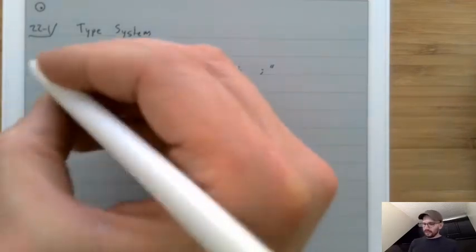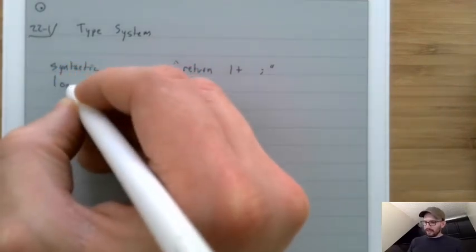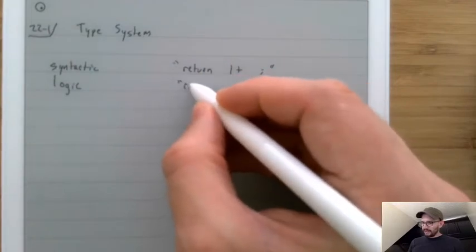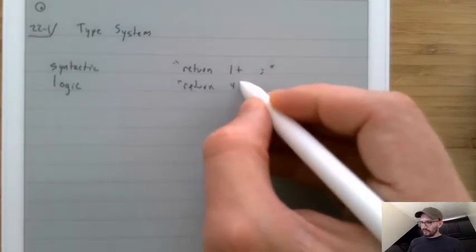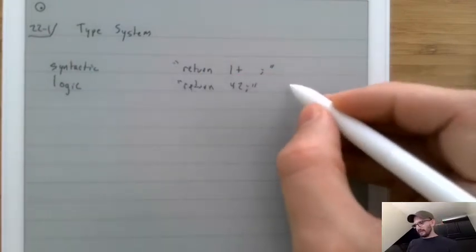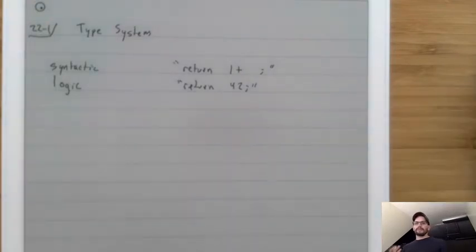It's not a program with an error in it, it's just not a program at all. Other kinds of errors could be a logic error, where my program says return 42, but it was supposed to be return 41. This is not really an error from the perspective of the programming language, but it is an error from the perspective of you, the user.